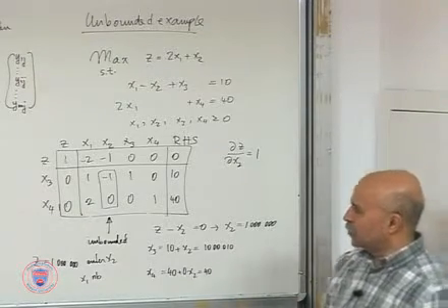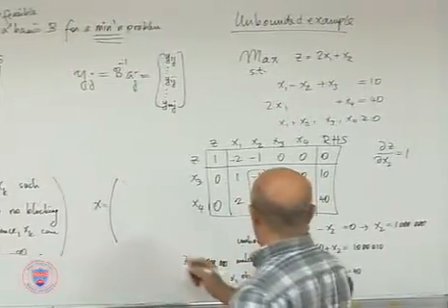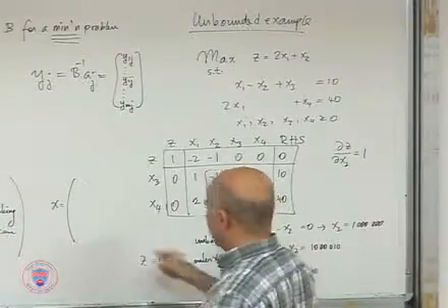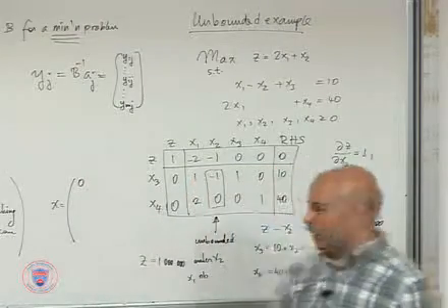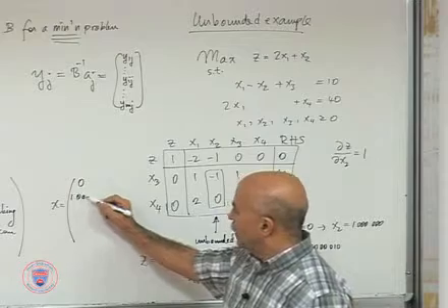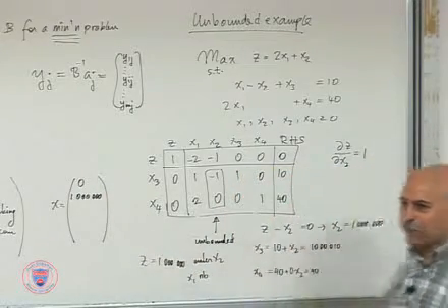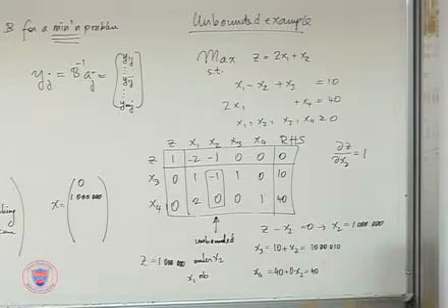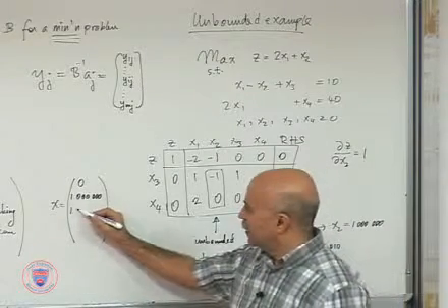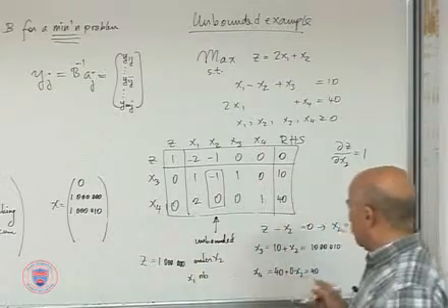So the solution we're talking about is the x solution that has a 0 for x1 because it's non-basic. x2 is 1 million. I should have picked a smaller number, too many zeros here. x3 is 1 million and 10. x4 is 40.